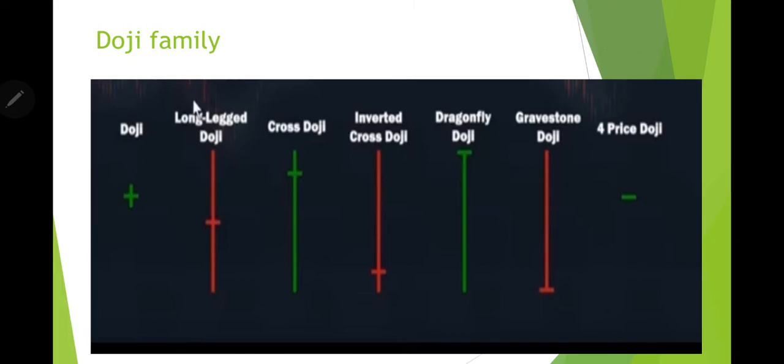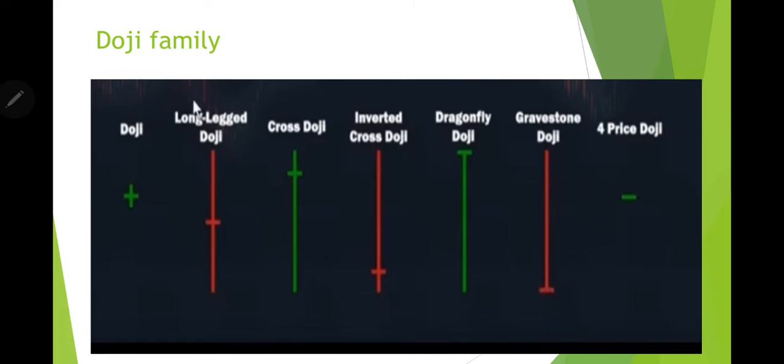As you can see there, we've got a cross Doji. We've got the four-price Doji. We've got the long-legged Doji. We've got the cross Doji, inverted cross Doji, dragonfly Doji, gravestone Doji.